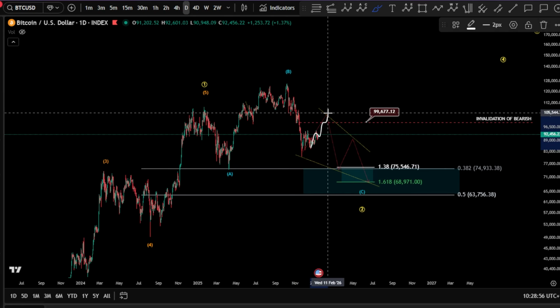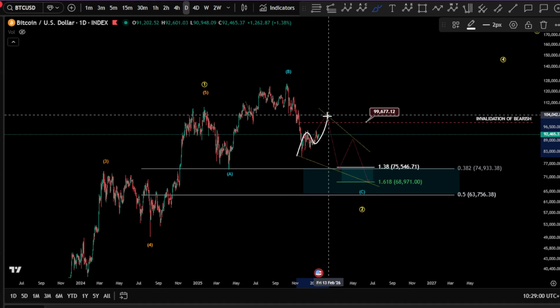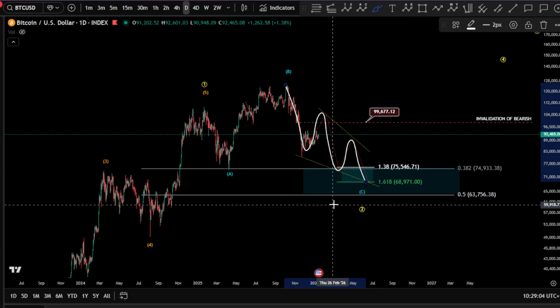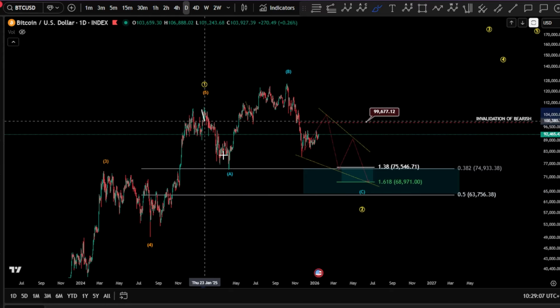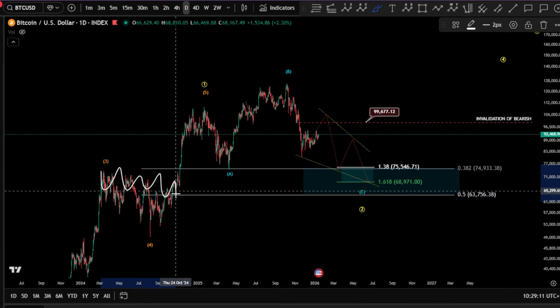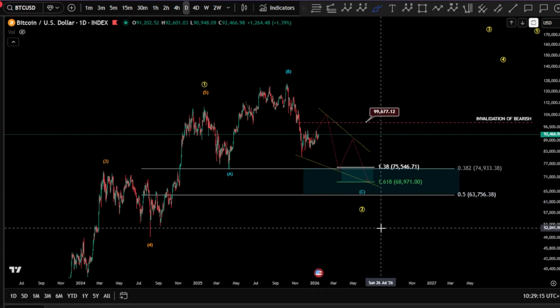So it can be an ending diagonal here as an ABC for a wave 2. We might be in a 1, 2, 3, 4 and a 5 here to finish the wave C as an expanding flat, same target, and the same area in confluence with a very strong technical support.